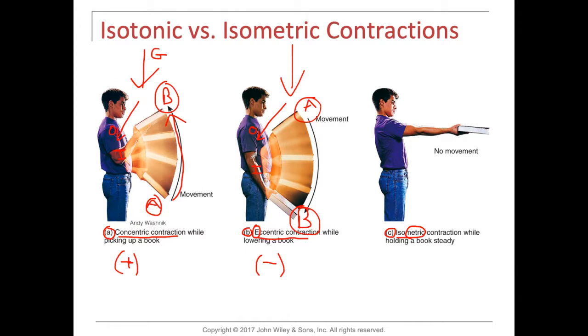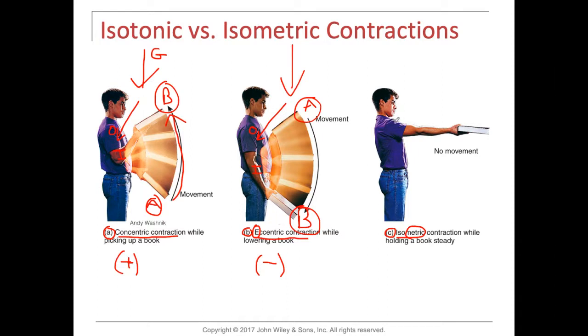It's not getting longer than its resting state. It's just going back to its normal resting state from the shortened position that it was in picture A. So we call eccentric the negative contraction. We also refer to it as the deceleration because you have to slowly lower this as gravity is trying to take it down fast. Okay, so you have concentric and you have eccentric.